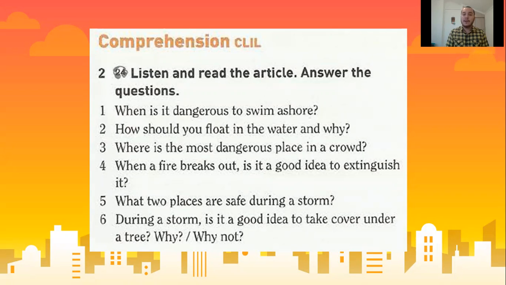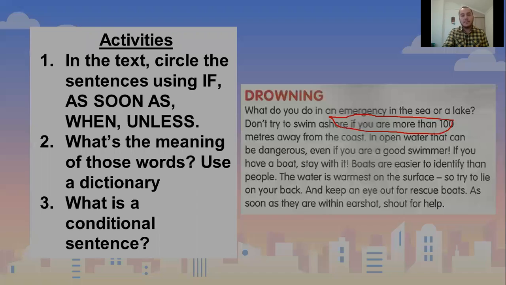Once you answer all the questions from 1 to number 6, be careful, try to use complete answers. That means subject, a verb, and the rest of the sentence, okay? Write them in your copybooks, please, or do it in your book, whatever you want, but please do the activities.